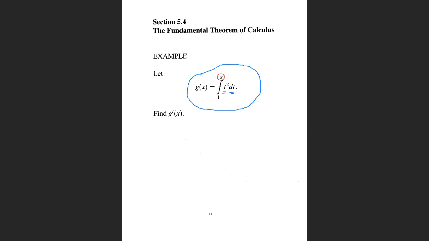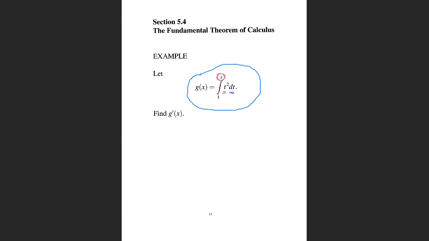You have to use a different variable. That's why they have t squared and then dt here. The variable you integrate with respect to cannot be the same as a variable in your limit, because it would not be understandable if that were the case.